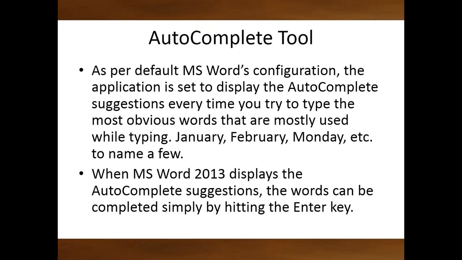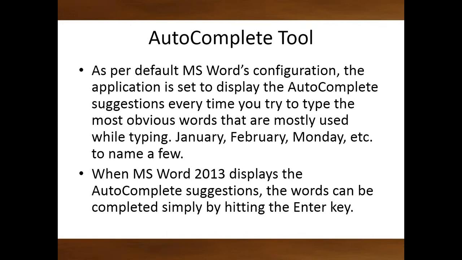Therefore, as per default MS Word's configuration, the application is set to display the autocomplete suggestion every time you try to type the most obvious words that are mostly used while typing.